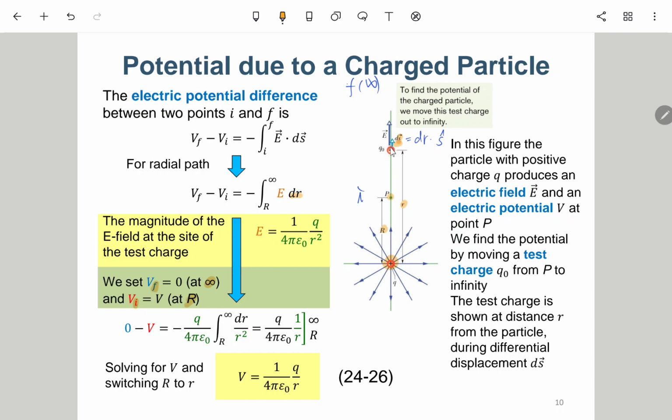The angle between them is 0, so E dot ds is E times dr. Because we use the r axis, we write it as dr.